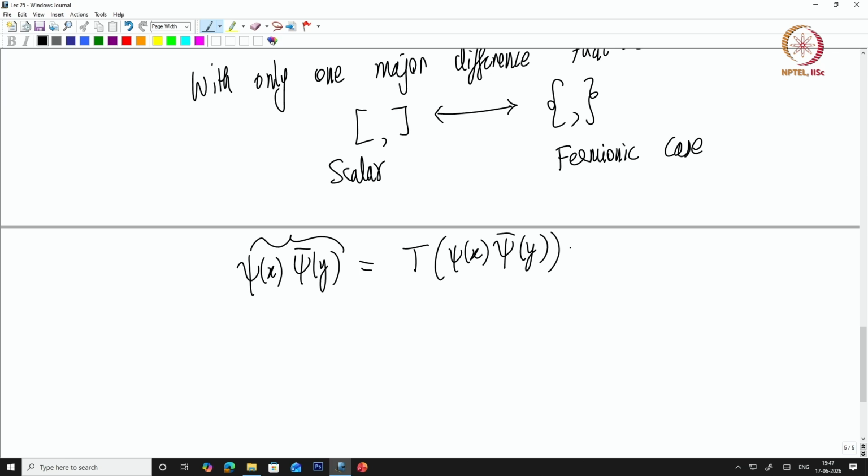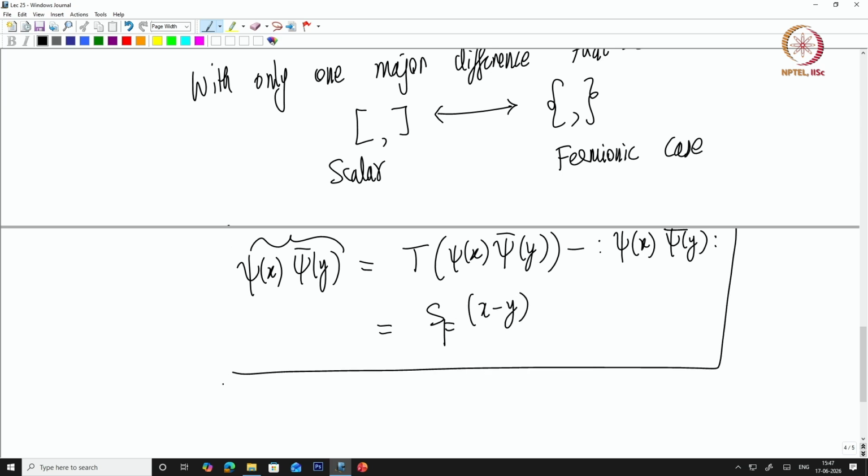The difference between the time ordered product and the normal ordered product should be psi of x, psi bar of y normal ordered, and this difference is nothing but your S_F, the Feynman propagator, which is given by this.